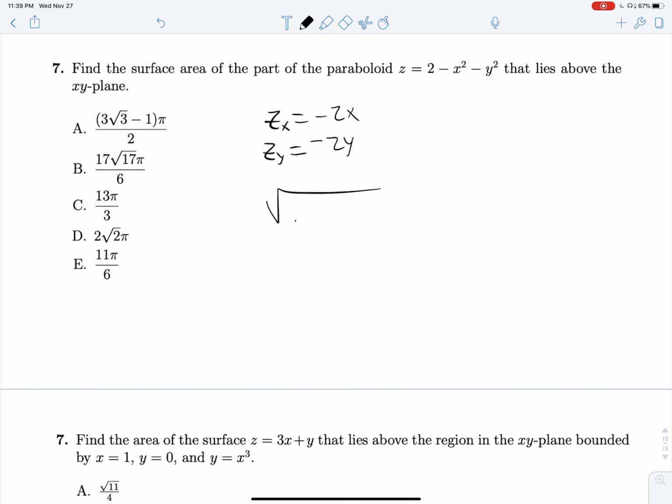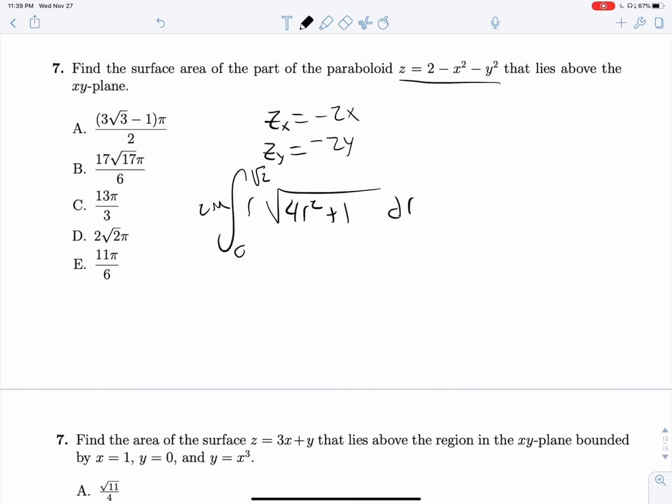So we're going to get 4r squared plus 1, saving a little bit of time because this is going to end up being a polar integral. And since if z is equal to 0, this is the circle of radius root 2, we can set this up from 0 to root 2 and multiply all that by 2 pi dr.